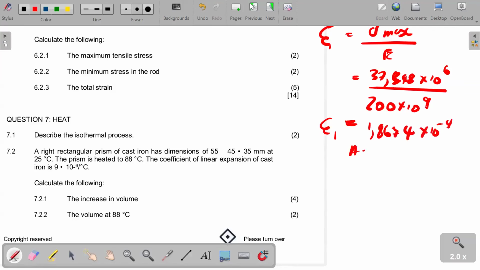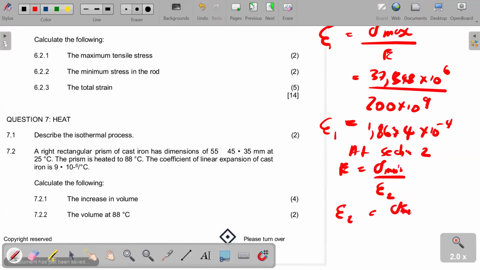Okay, at section 2, it means again strain is equal to minimum stress over E. So making that strain 2 the subject, it means we are saying minimum stress divided by E, Young's modulus.